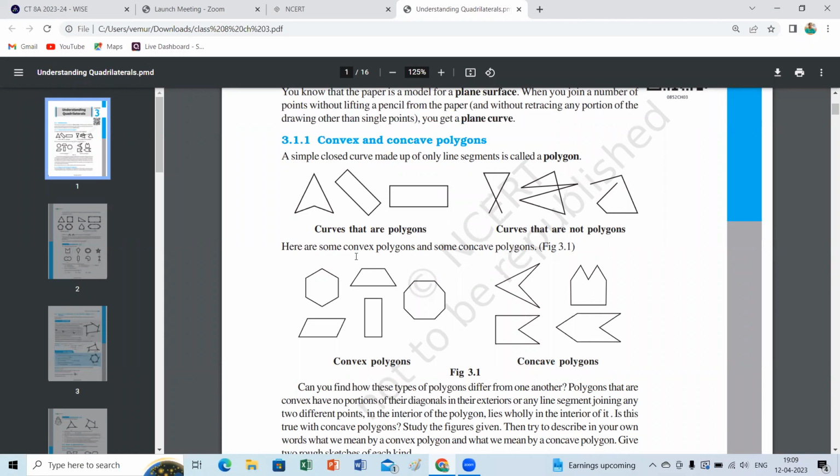Any other observation you can see, please? Ma'am, at least one pair of line segments is equal in concave polygons.